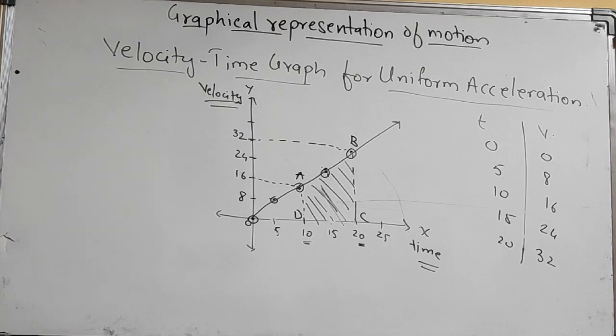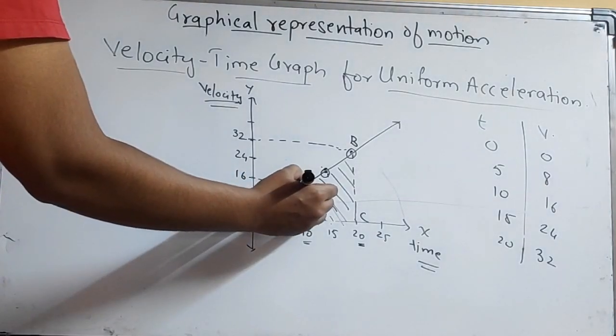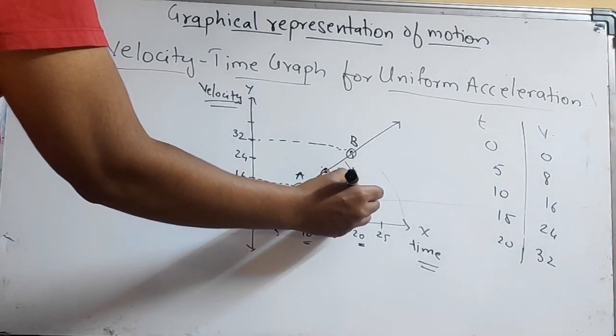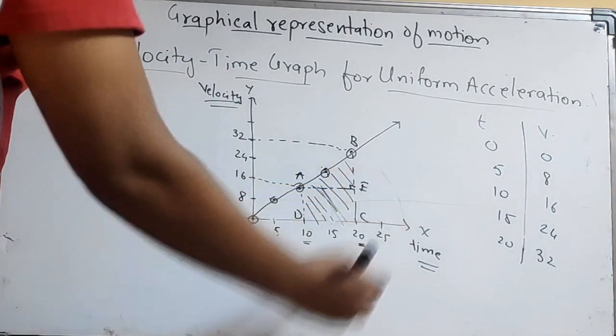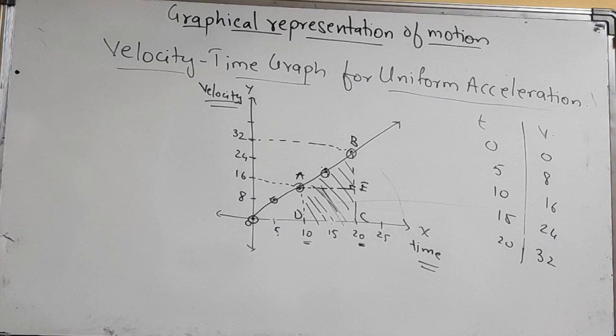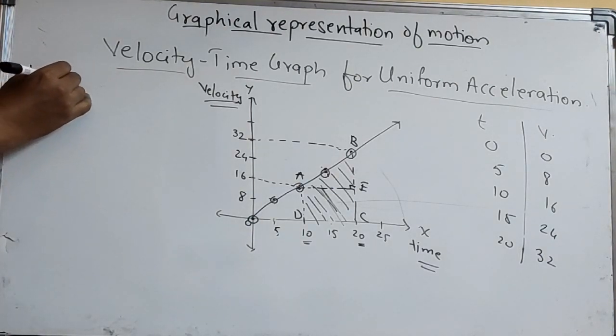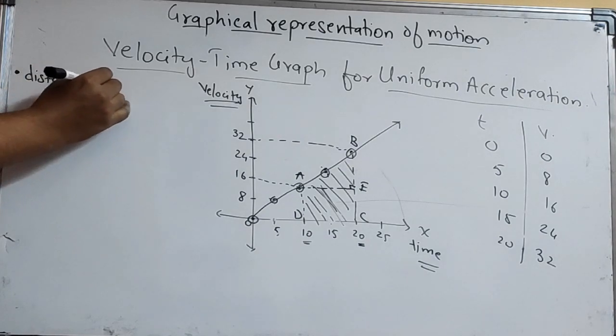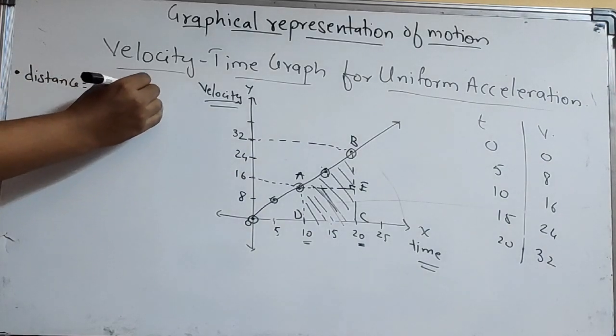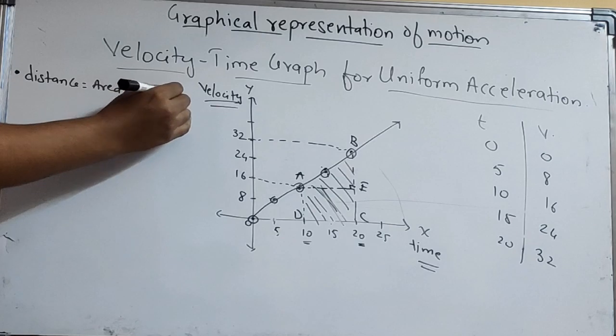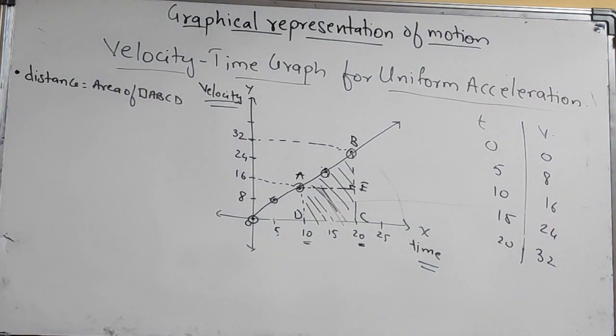If you don't know how to find the area of the trapezium, you just draw a perpendicular over here, say E. So distance is equal to the area of quadrilateral ABCD.